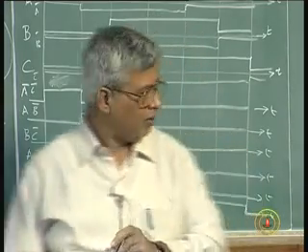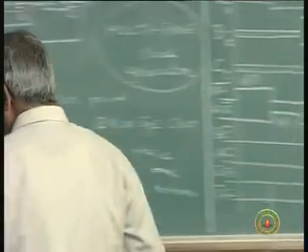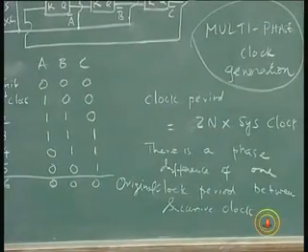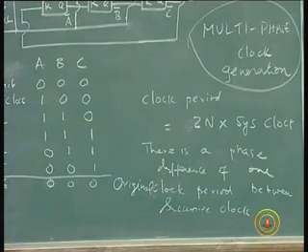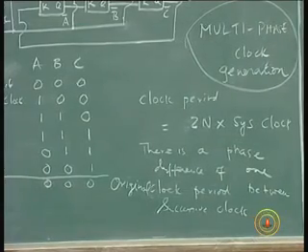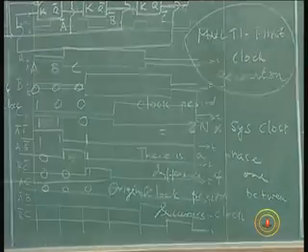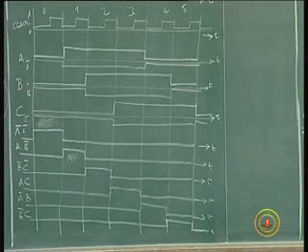Generally we define these as small scale ICs. All these are integrated circuits. It is made of silicon but built as one single circuit. Even a gate is an integrated circuit, in the sense that a gate is not a component; the basic component of a gate is a transistor, maybe a field effect transistor, MOSFET as they call it, metal oxide semiconductor field effect transistor, or bipolar junction transistors.